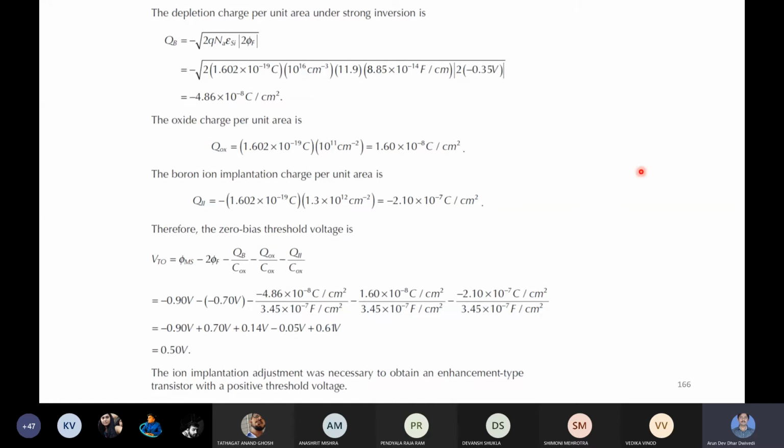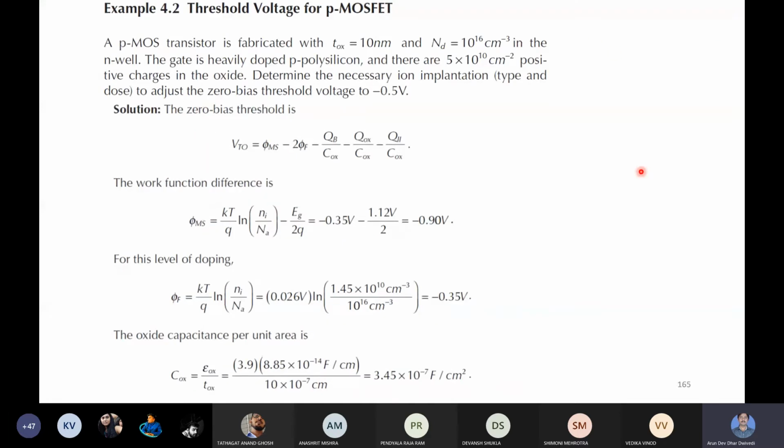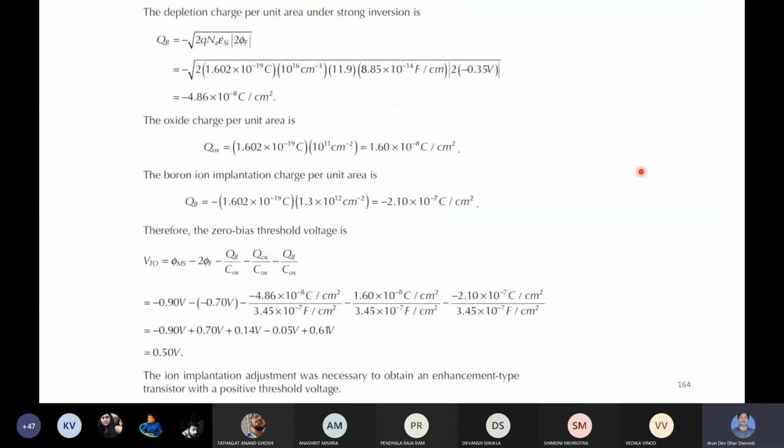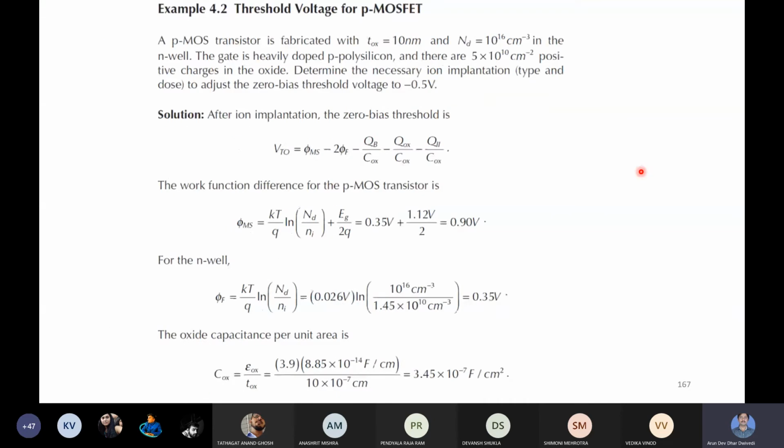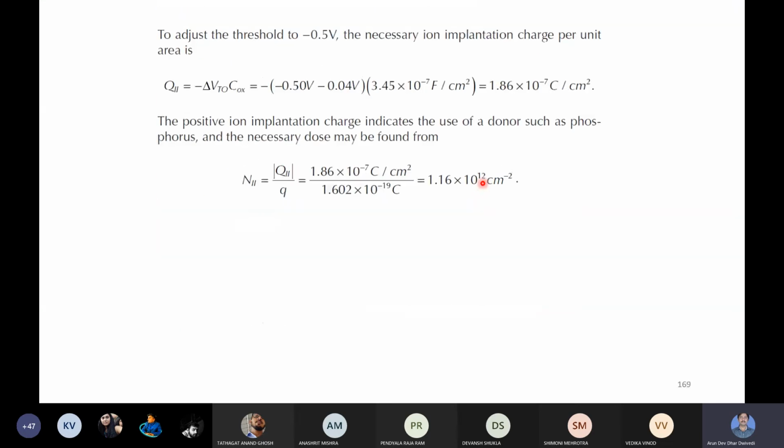This P type one maybe we'll see later, because here clear-cut data is not available. QI, the implanted value, is not given, but we are using a value from this book.